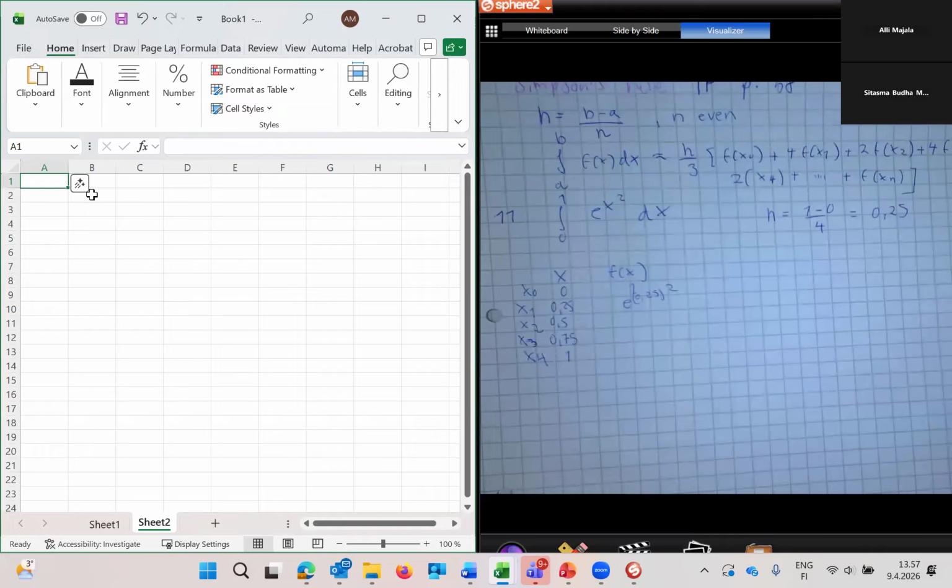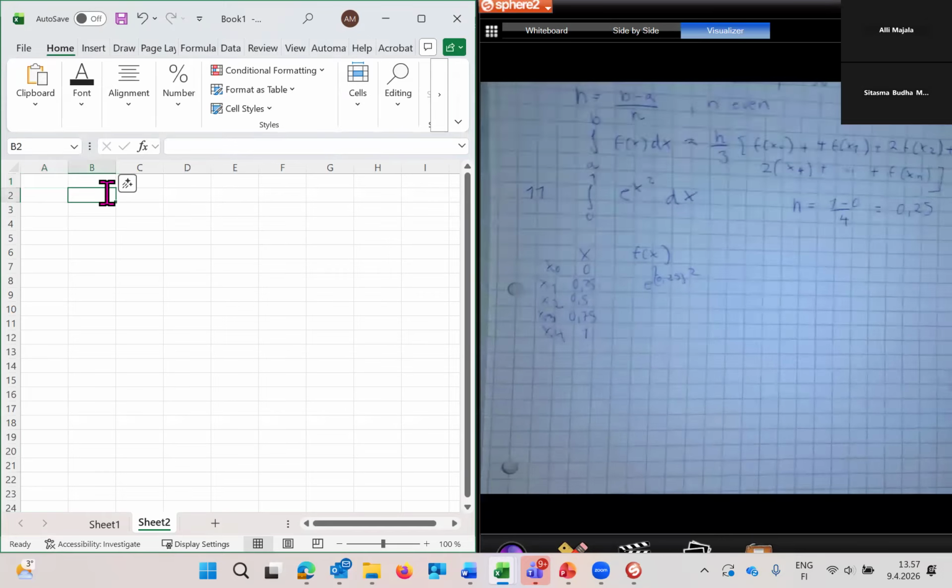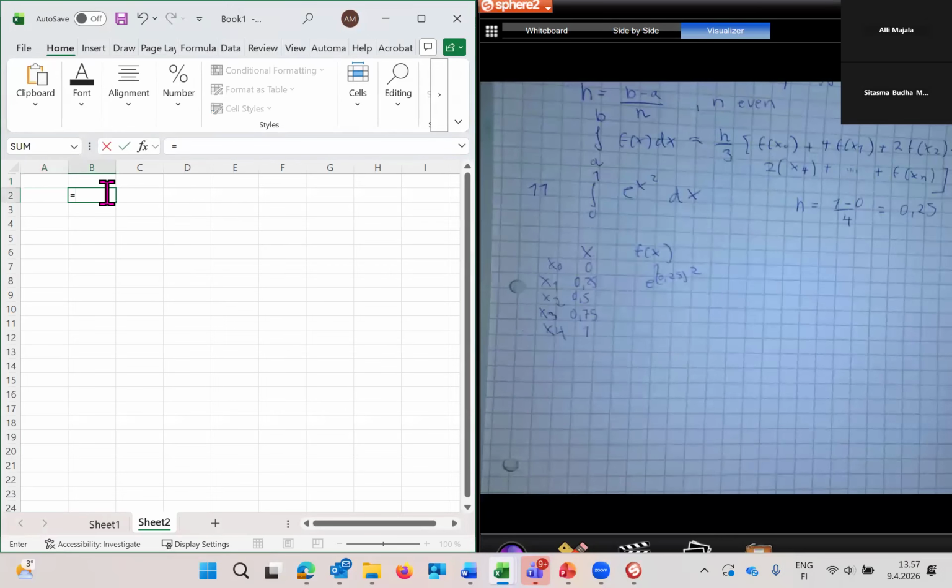I have just decided. I could have calculated just here, whatever. Yes, I could have put the range here, which is from 0 to 1.